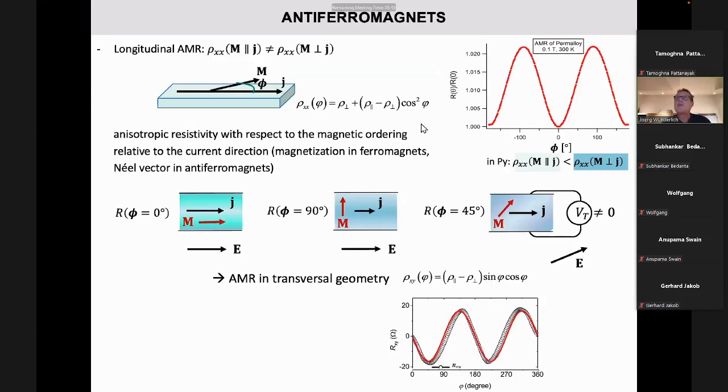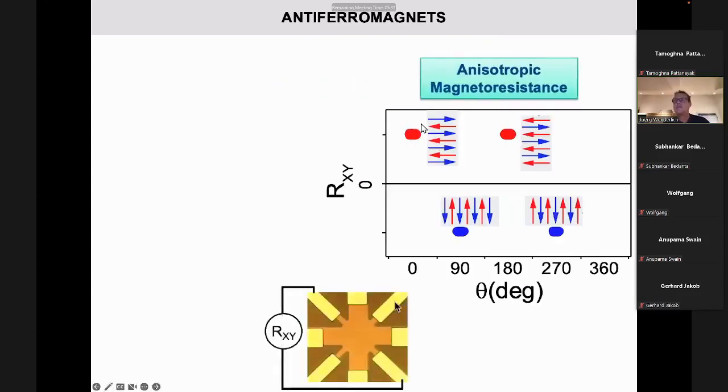But it was first used to actually identify an antiferromagnet which you can manipulate by electrical current. And this antiferromagnet, well, you can use a probe current here in such a cross-type structure.